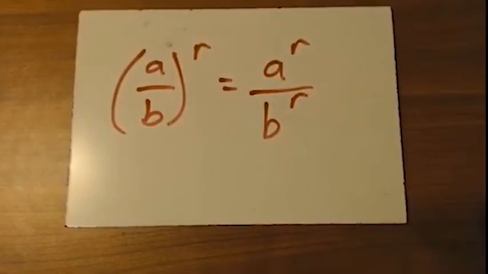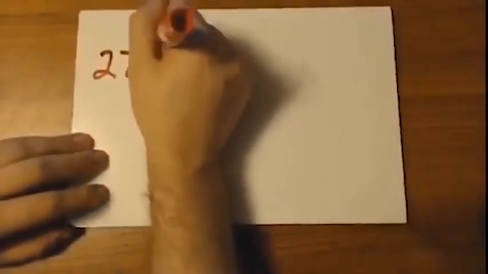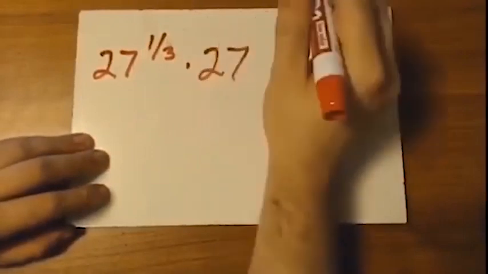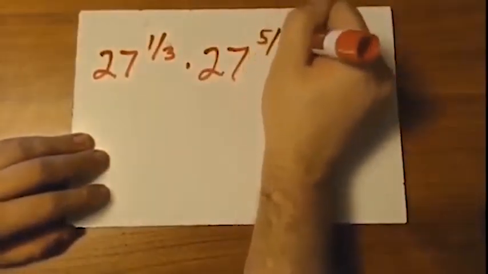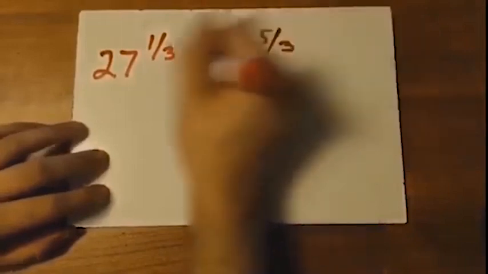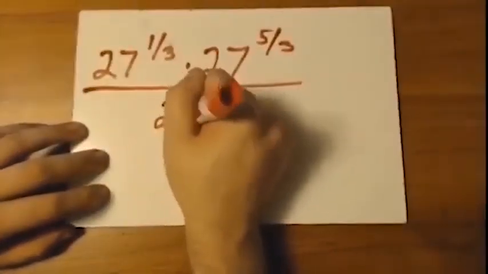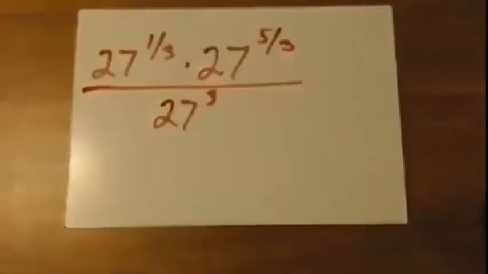Okay, 6a. 27 to the 1/3 times 27 to the 5/3 all over 27 to the 3rd.